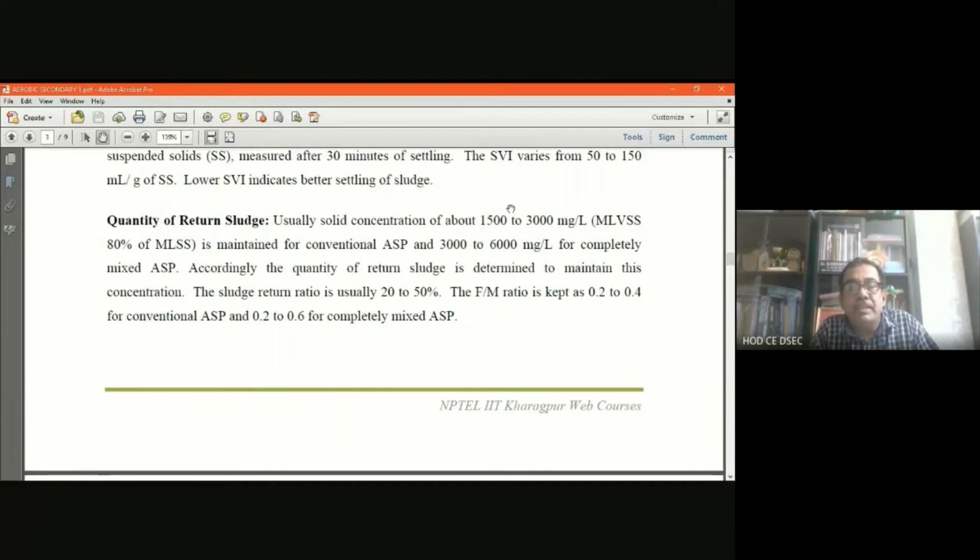So this quantity has to be adjusted to maintain this concentration. Now the sludge return ratio is normally 20 to 50%, and the F by M ratio, that is the organic loading rate, is kept at 0.2 to 0.4 for conventional ASP, and for the completely mixed reactor, it is 0.2 to 0.6.